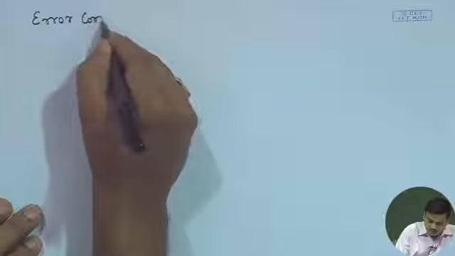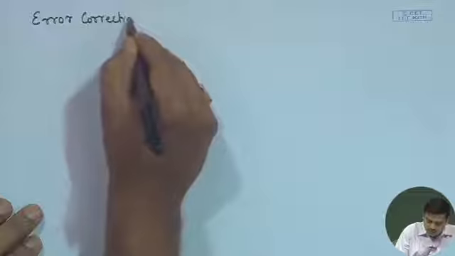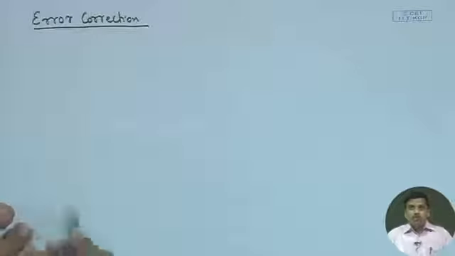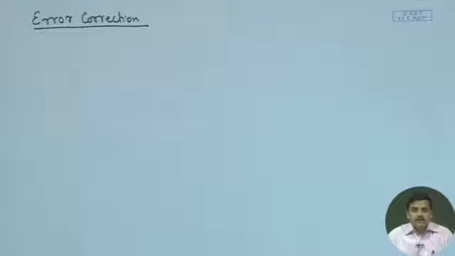So, the next important component in a communication system that you would encounter is the error correction coding system. Very simply, when you are speaking or sending something, there is a chance that the recipient does not understand what has been communicated.